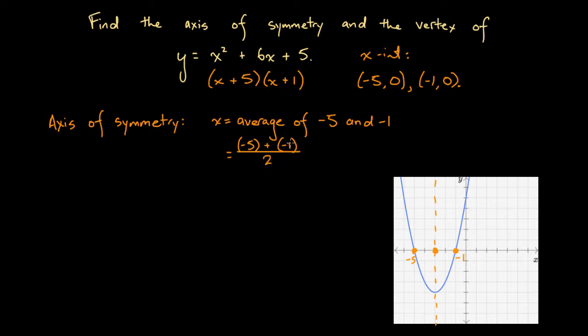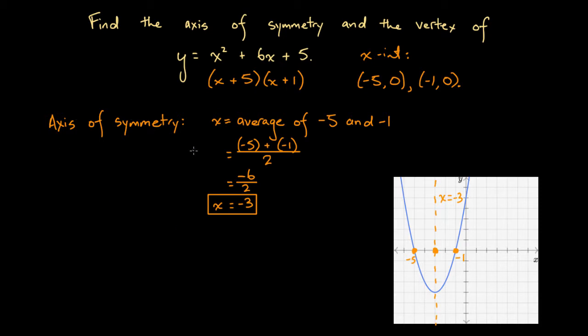Negative 5 plus negative 1 is negative 6 over 2. 6 divided by 2 is 3, so negative 6 divided by 2 is negative 3. So the axis of symmetry is the line given by x equals minus 3.